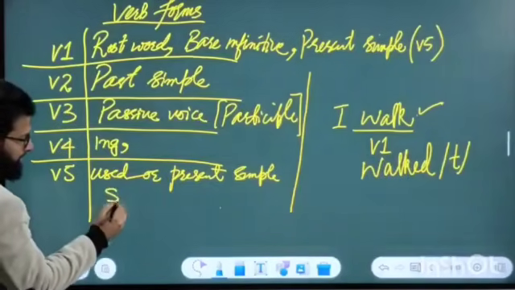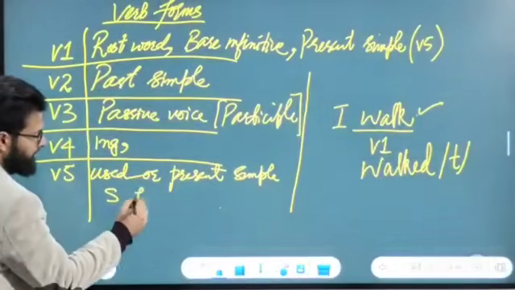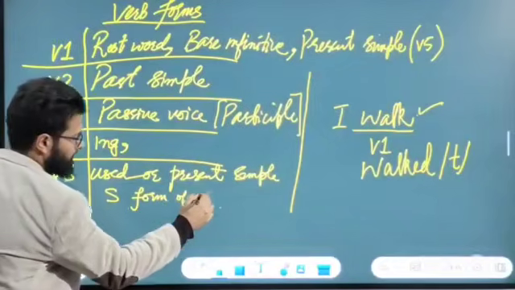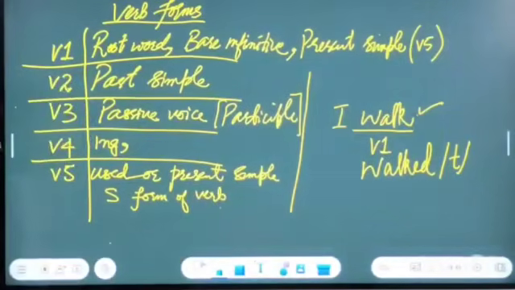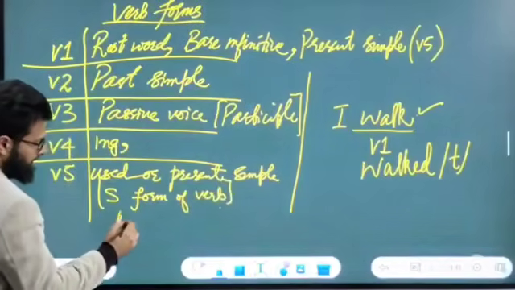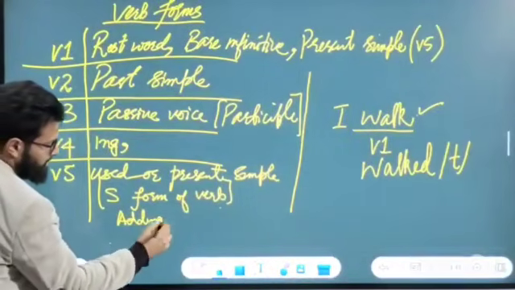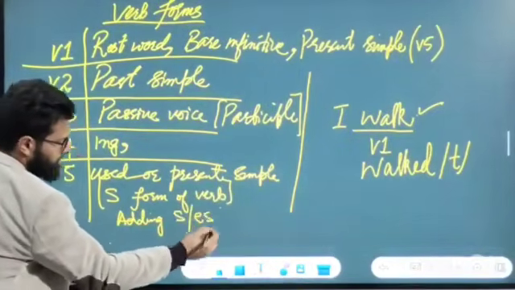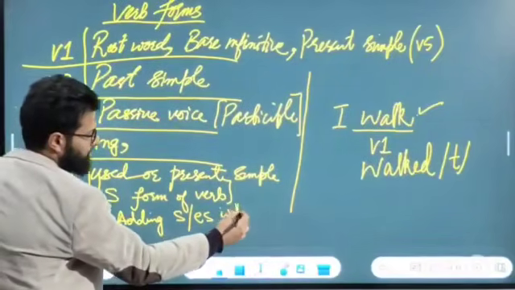V5 is the S form of the verb, simply adding S or ES with the verb.